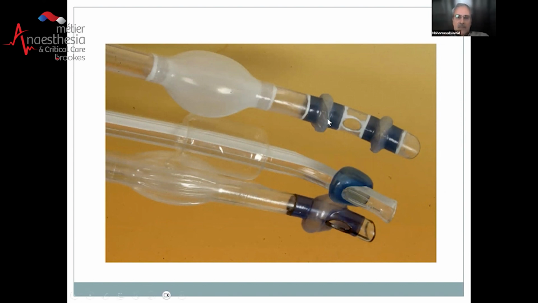These are different tubes. For example, the upper one has three cuffs. In between the two distal cuffs, there is a slot for ventilating the right upper lobe. This one has a donut-shaped balloon, and there is a slot there for ventilation.